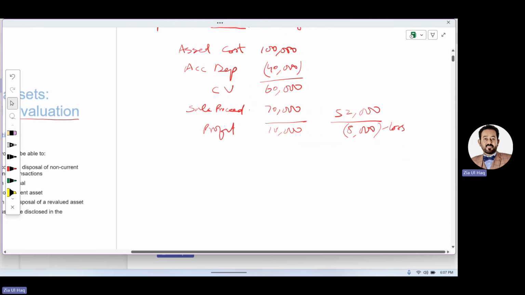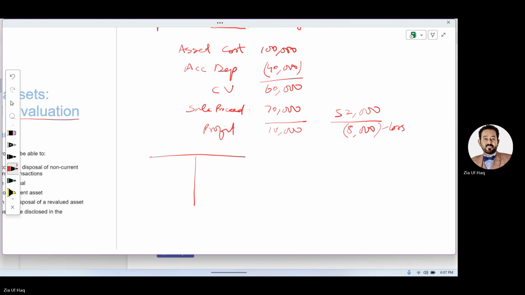When we are selling any asset, we need to open three different accounts. One will be called the asset cost account. The other will be called the accumulated depreciation account. The asset cost account always has a debit opening balance, balance brought down, say 100,000.